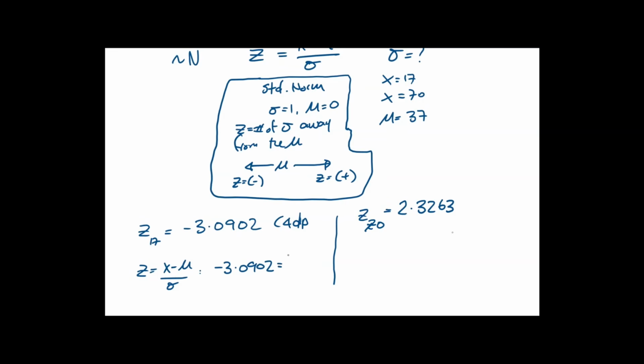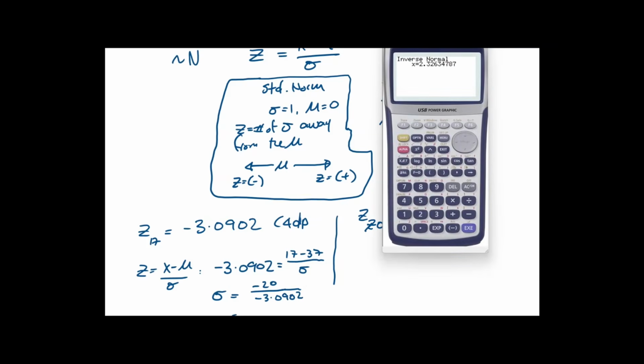It's going to be equal to the x-score, which is 17 minus 37, over sigma. So our sigma, remember your algebra, is going to be equal to 17 minus 37, which is minus 20, over z, which is minus 3.0902. And now we can work it out.